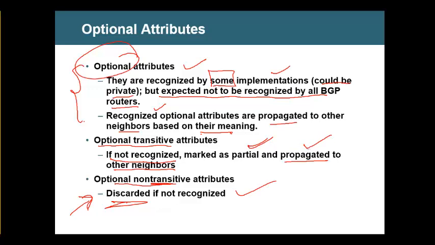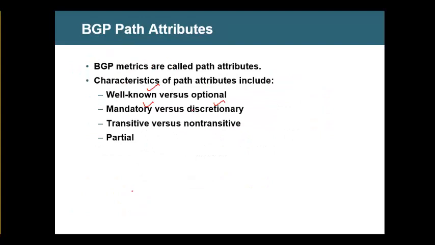That is optional transitive. Optional non-transitive is if it is not recognized, it is discarded, not going to be utilized. So we have learned the meaning of optional, transitive, non-transitive, marked as partial.